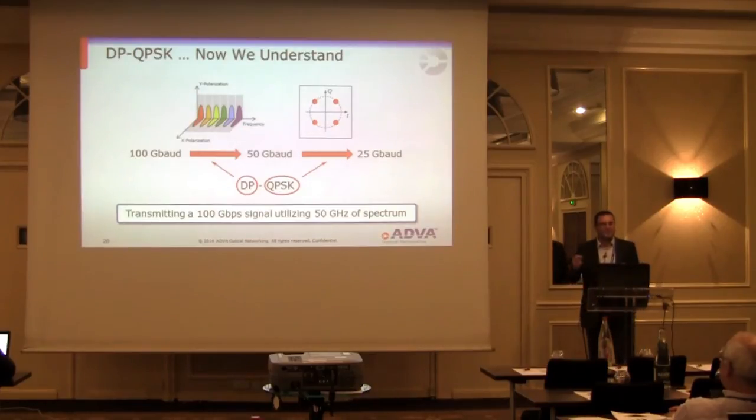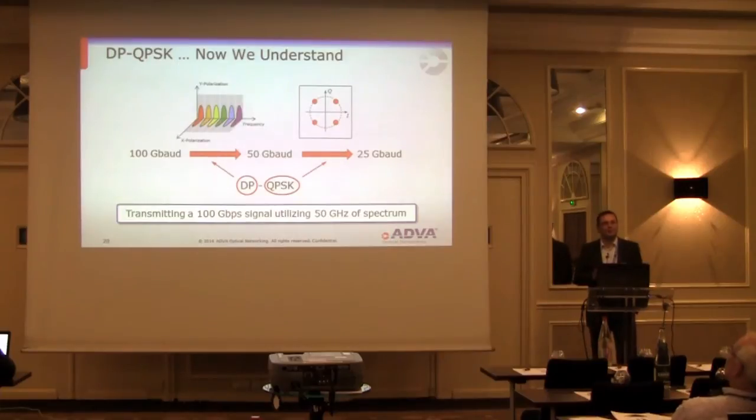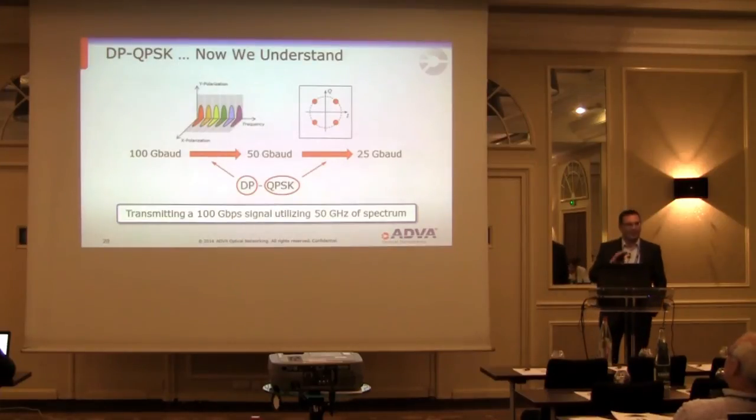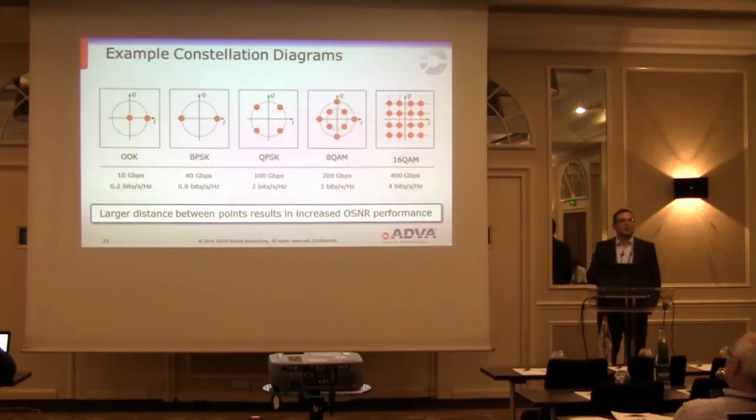So that's simply the art behind getting the 100 gigabit per second into the 50 gigahertz grid. Polarization multiplexing and this advanced modulation format, where we consider the phase on top of the signal. Amplitude, still the same.